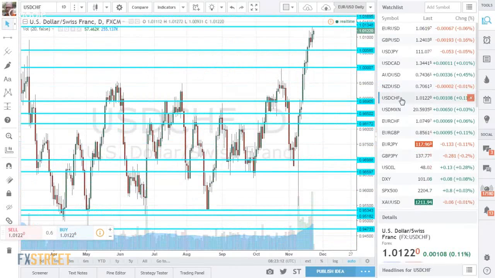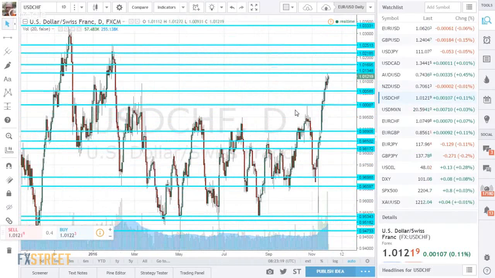And we'll complete the major pairs with dollar Swiss. Dollar Swiss here at 101.20, a level not seen since back in February, so quite a level here. The next level of resistance is the recent high of 101.35, followed by 101.70, 102.20, 102.50, and 103.30. On the downside, we have 100.50, and then parity, of course.